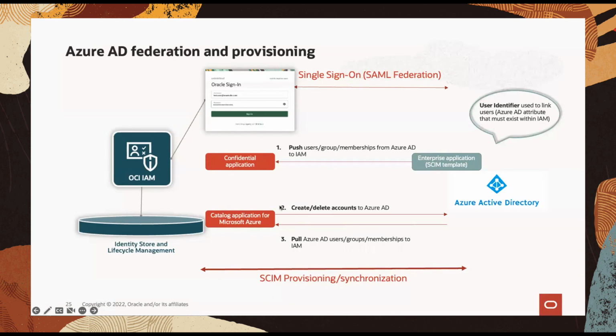Say you have 10-15 groups in Azure and you want only 2-3 groups to be pushed from Azure to the IAM; you can define which groups you're trying to push with the help of SCIM.